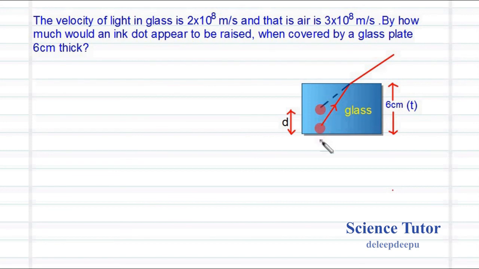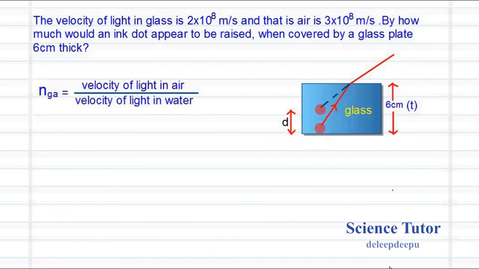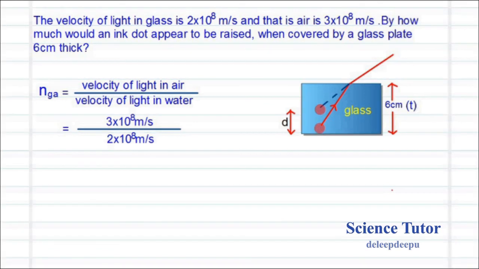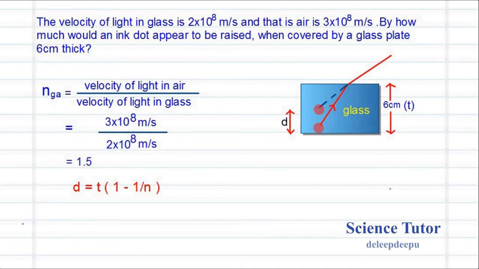Now you just consider what happens to this ray. It's because of the refraction of light. Here the equation: refractive index of glass with respect to air is equal to velocity of light in air divided by velocity of light in glass. That is 3 into 10 to the power of 8 meters per second divided by 2 into 10 to the power of 8 meters per second, that is 1.5. Now look at this equation.